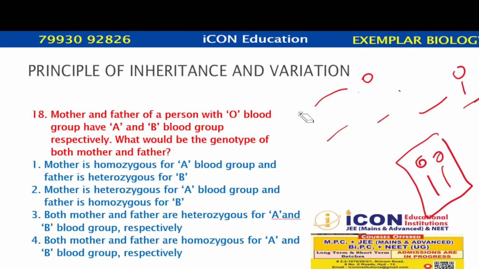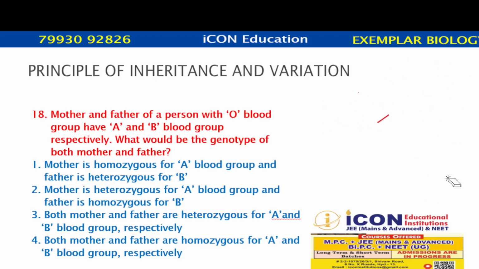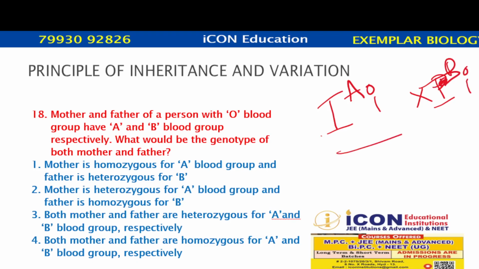That means heterozygous. In the heterozygous format only, you get this. Let me write once again, IAi, IBi. So, this is the parental genotype. Or you may call it in simple terms AO and BO. That answer is mother is heterozygous and father is also heterozygous.